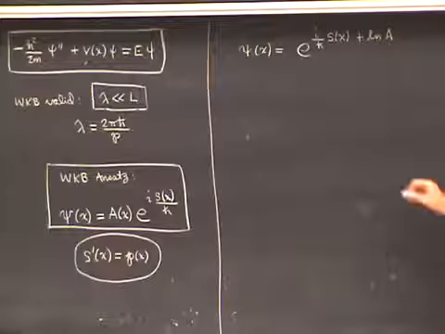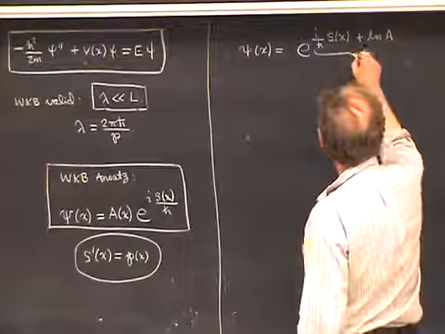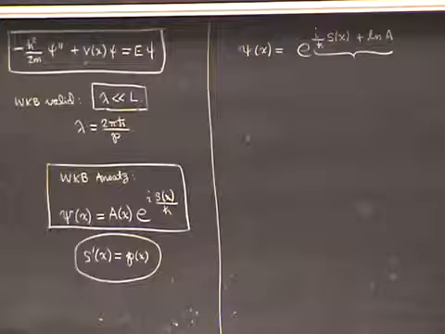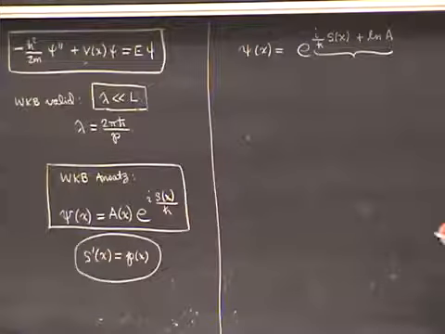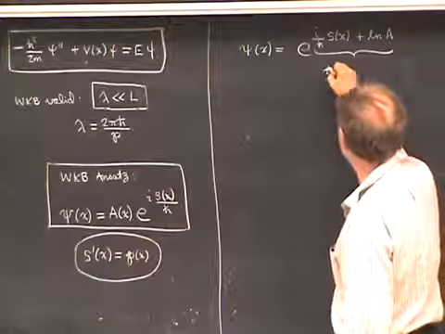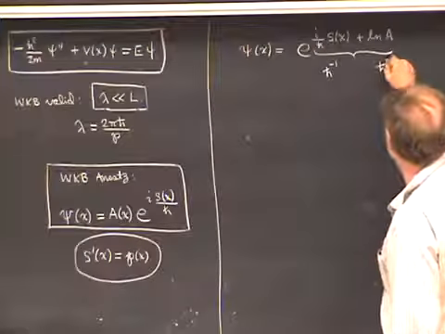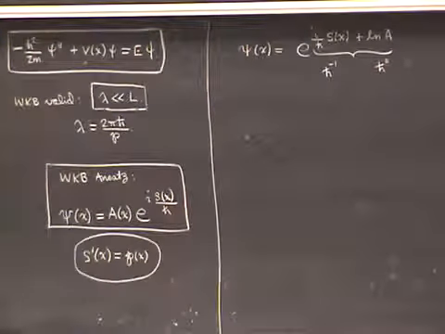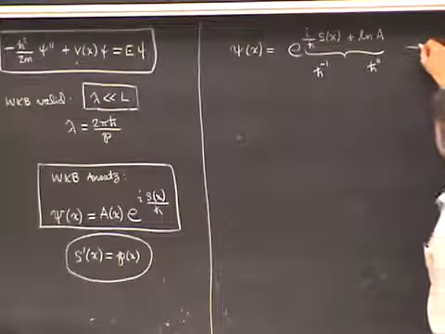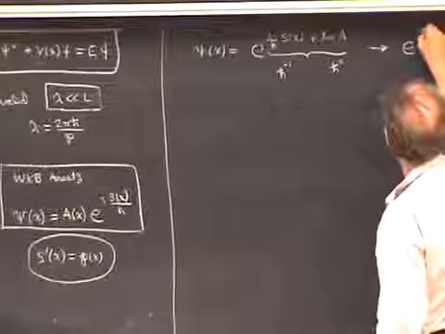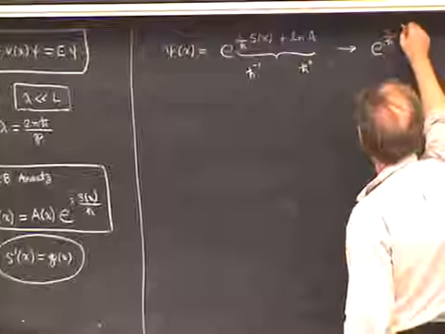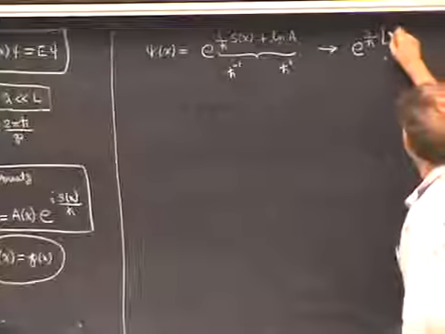But when we do this, you can notice that with A in the exponent, it's starting to look like a power series expansion in powers of h bar. The first term goes as h bar to the -1, and the second term goes as h bar to the 0. What this suggests is that we replace this by a systematic expansion that looks like this: e to the i over h bar times the series, which I'll write this way.